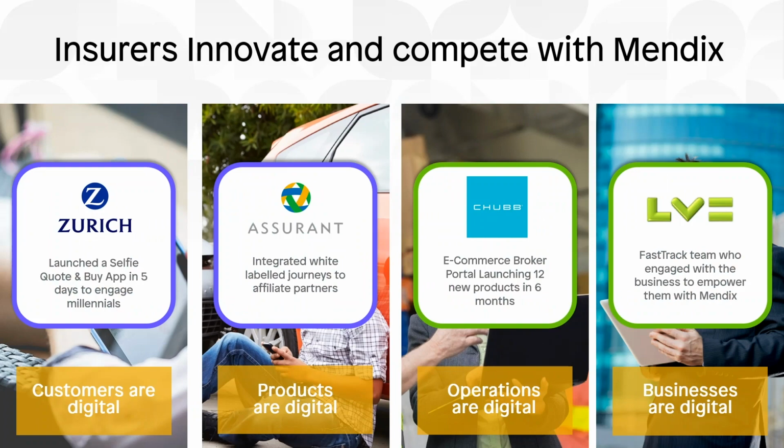In the last 6 months, they've been able to launch 12 new products, enabling them to do everything from quote and buy journey, being able to do rating, being able to do binding of those policies, all integrating into their back-end systems. So it's a real accelerator for Chubb to be able to engage with that broker market and give them a single point of view for all of those insurance products that the broker has sold.